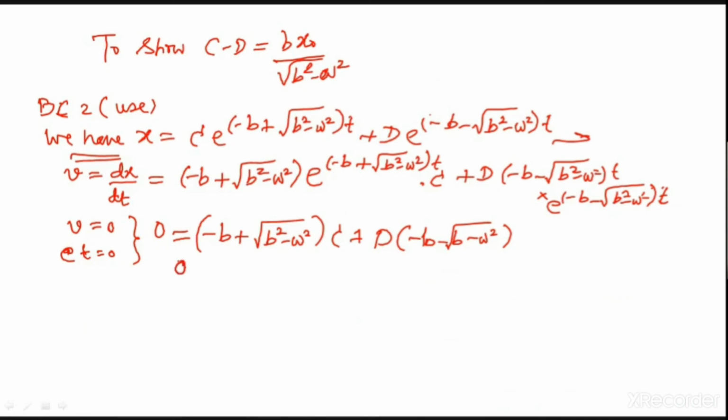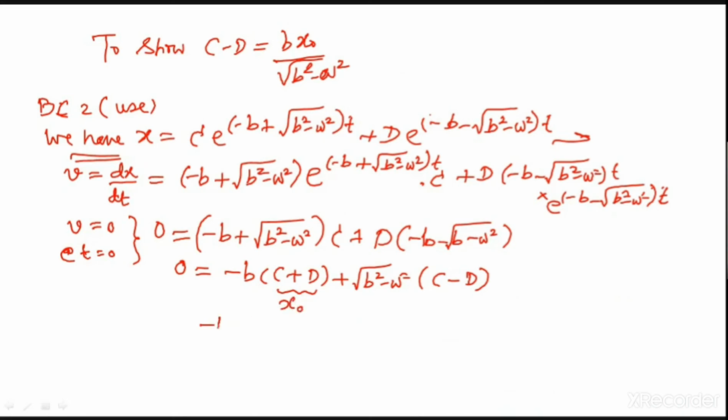Therefore 0 is equal to minus b, I can write C plus D, plus root of b square minus omega square is a common factor, here it is C minus D. C plus D is equal to x naught, we have already seen.